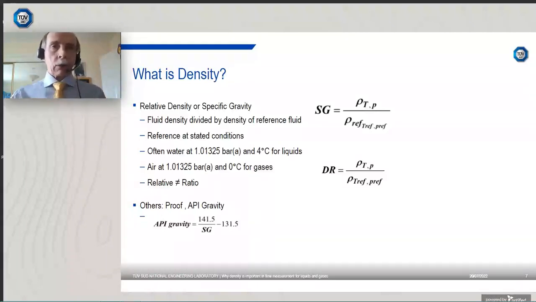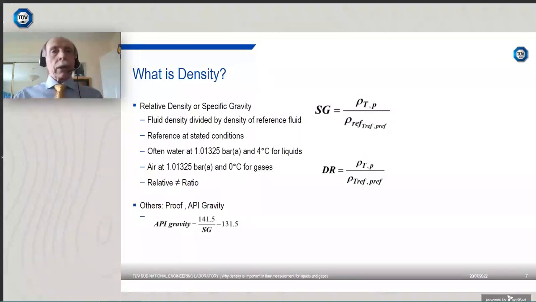For liquids, it's usually water that's used, most commonly at 1 bar or 1.01325 bar and 4 degrees Celsius, although other temperatures are sometimes chosen. For gases, you would typically use air, again at a reference pressure, 1 bar, 1 atmosphere, typically 0 degrees Celsius.